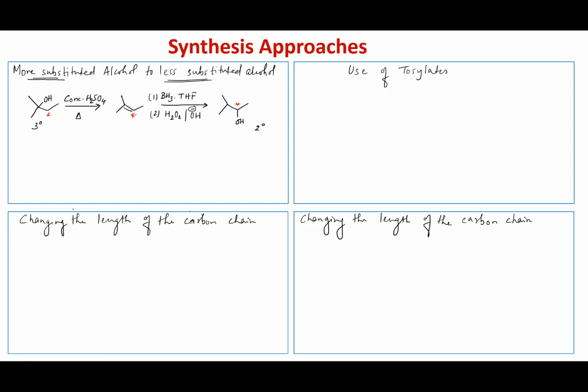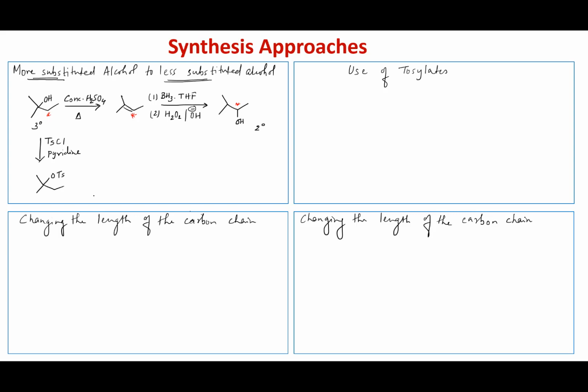Now, this is one of the approaches, but with alcohols, as we will see in the next panel, remember, these can be converted into tosylates. So I could do the same reaction by a different approach. I could react this starting tertiary alcohol with tosyl chloride and pyridine as a base, and this would result in a tosyl ester.